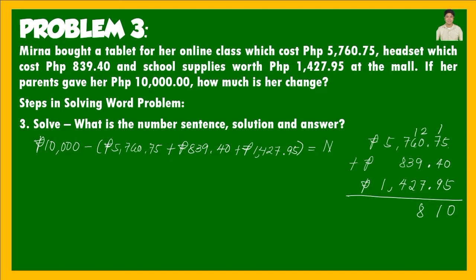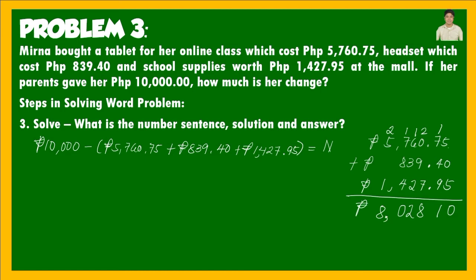Carry 1. 1 plus 6, we have 7, plus 3, 10, plus 2, 12. So, we'll write 2, and then carry 1. 1 plus 7, we have 8, plus 8, 16, and then plus 4, we have 20. So, write natin 0, and then carry 2. 2 plus 5, we have 7 plus 1, 8.